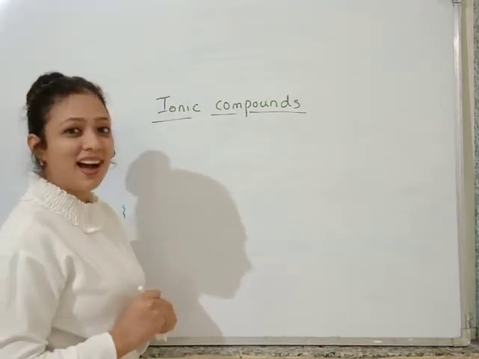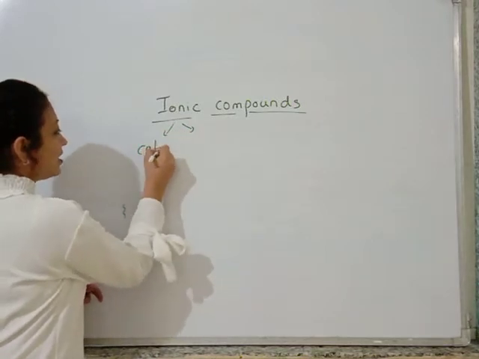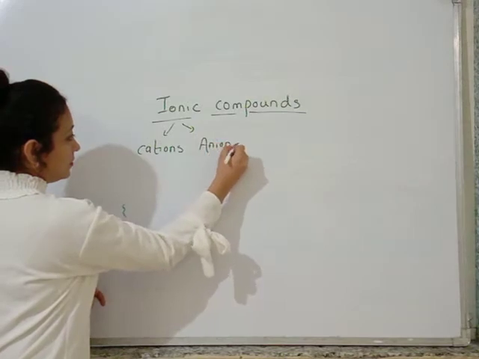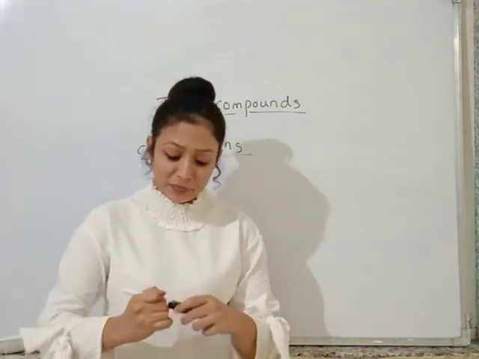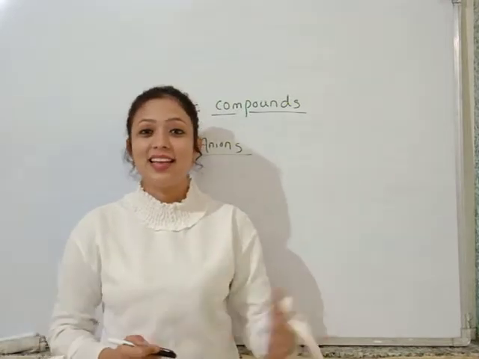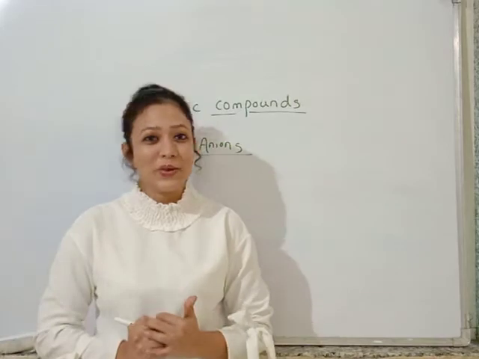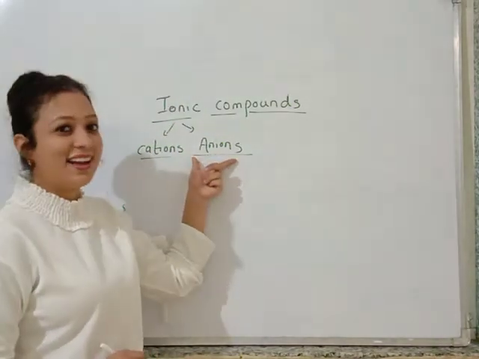And what are those ions? Those ions are cations and anions. Okay, so these cations and anions you know very well from your previous classes. You learned what cations are and what anions are.